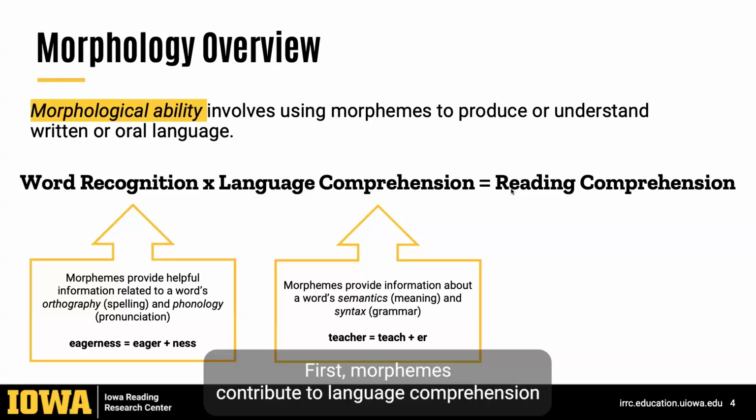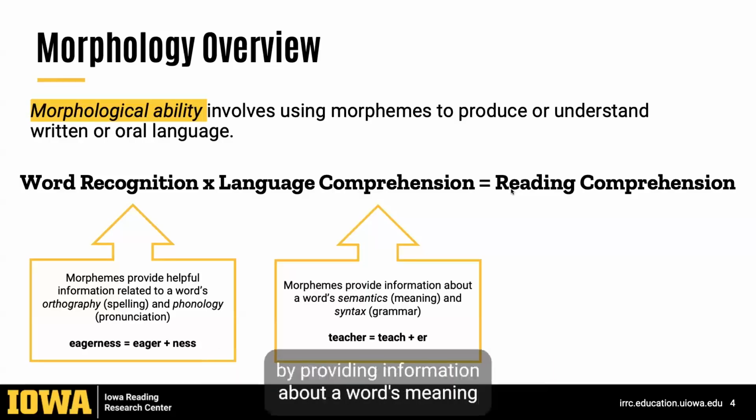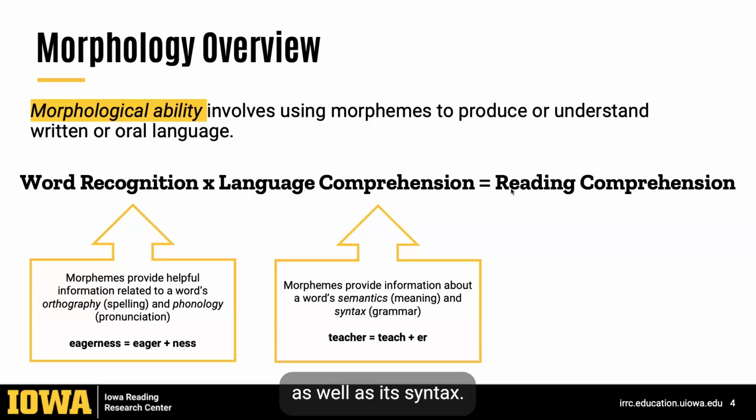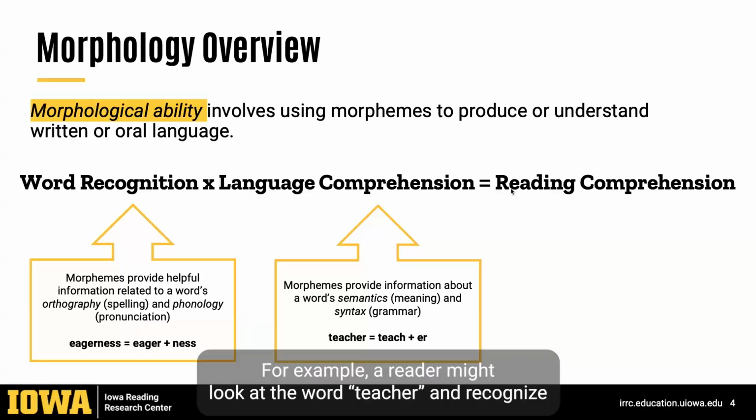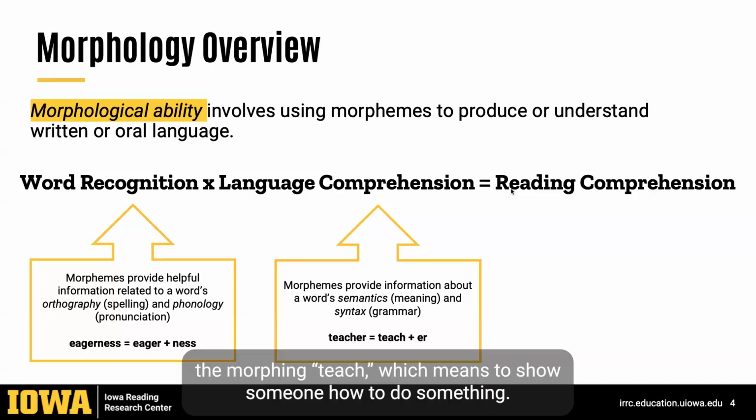First, morphemes contribute to language comprehension by providing information about a word's meaning as well as its syntax, such as the part of speech. For example, a reader might look at the word teacher and recognize the morpheme teach, which means to show someone how to do something.